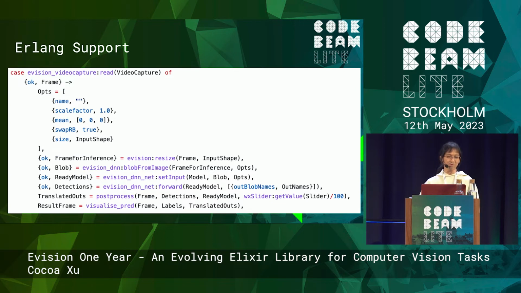Meanwhile, I also have Erlang support here, and this code shows you can read a frame from your camera or some video file, resize it to the input shape of the neural network, set it as the input to the neural network, and then run the forward action, and you get all the results from the neural network. So that brings neural networks with Evision to Erlang.